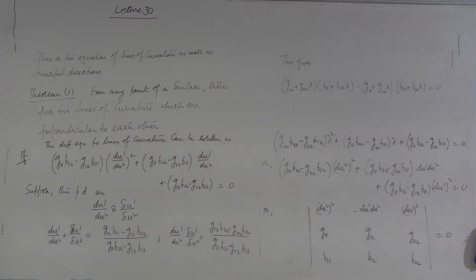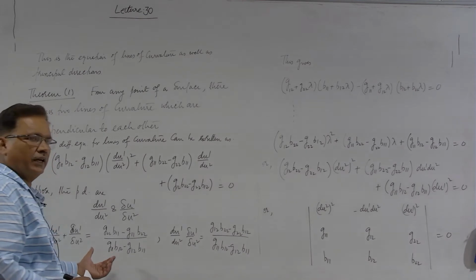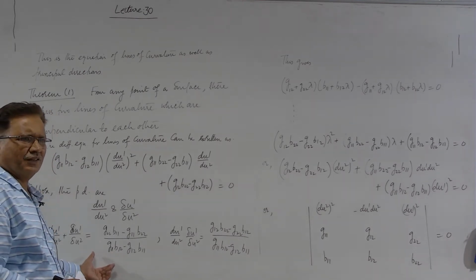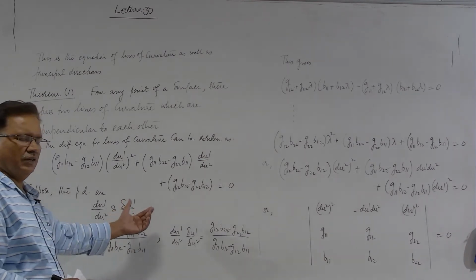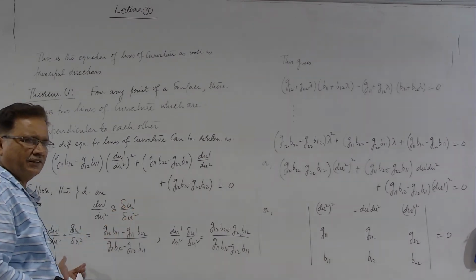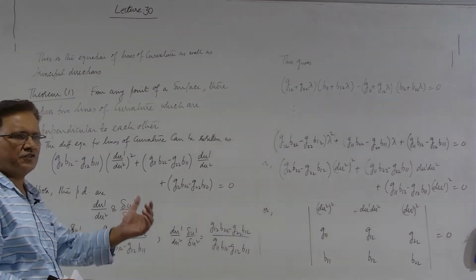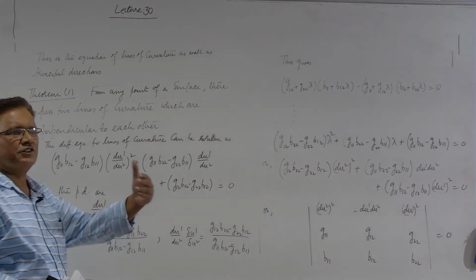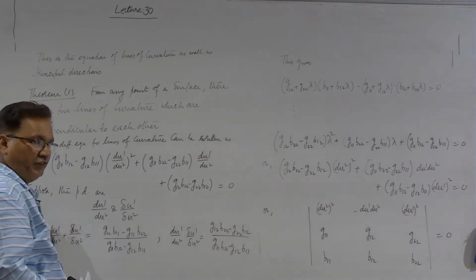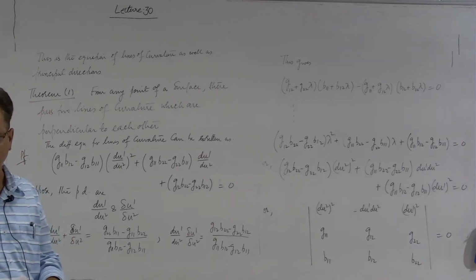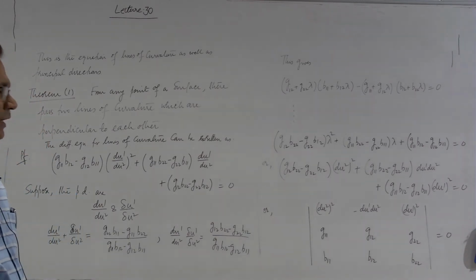All right. So, you can understand what I am going to do. In fact, I know under what conditions the two directions over a surface are orthogonal. The condition, if you recall, is that G11 into the product of the directions plus G12 into the sum of the directions plus G22 must be 0. So, this is what I am going to check, whether this condition holds for the two directions or not.